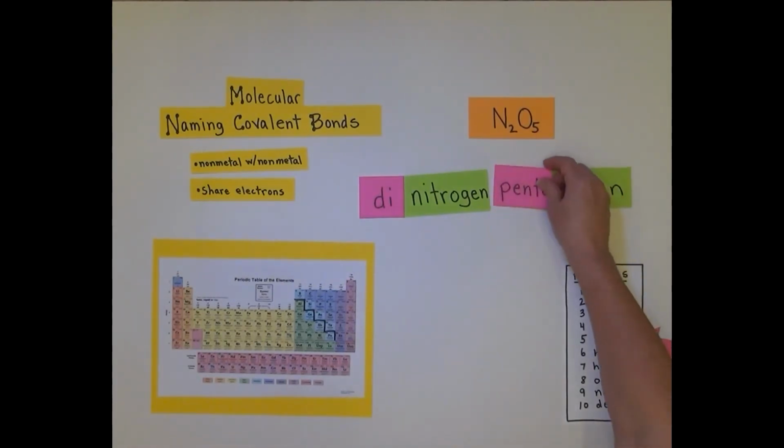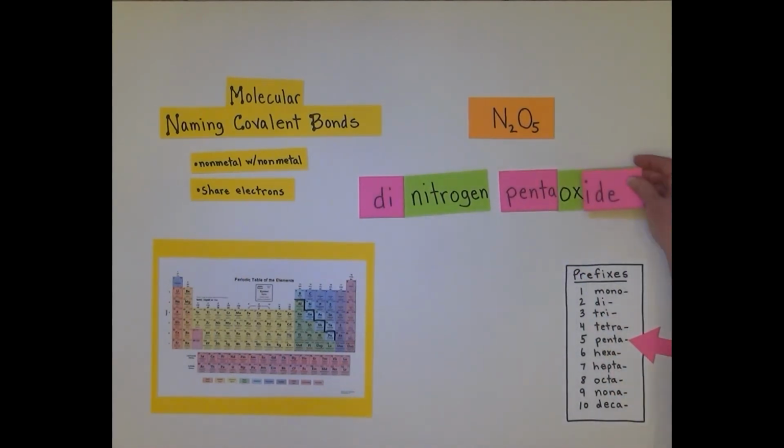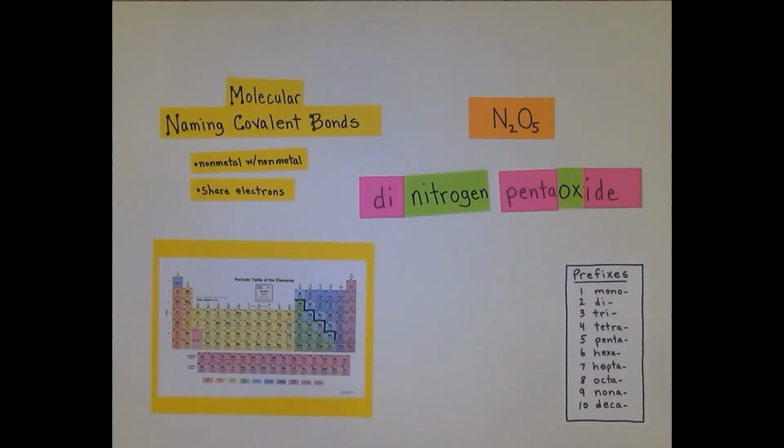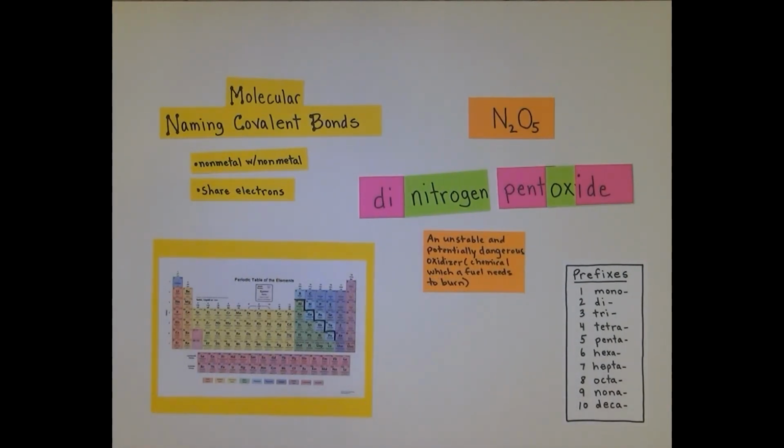So we put that in front of oxygen, and what we need to do next is change that oxygen to IDE. And this is another one where, remember where we had the OO together? When you have an AO together, same thing. You don't need the A, so it's kind of difficult to say with it, pentaoxide. So we just drop off that A, and now we have dinitrogen pentoxide. And this is an unstable, potentially dangerous oxidizer, which is a chemical fuel needs in order to burn.